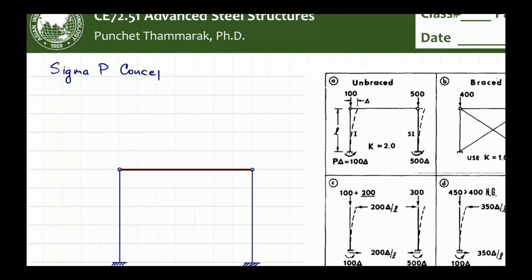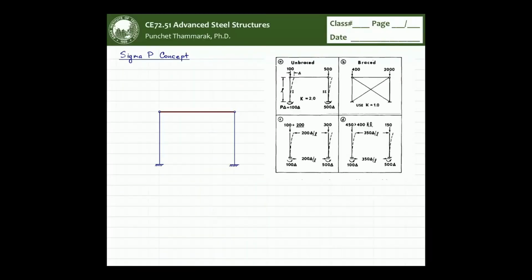Basically, the sigma P concept just enables us to compute the entire story buckling load, and the columns actually work together, but we have to be very careful, because in some cases you might not be able to overload the column. You're going to see what I mean in a bit.